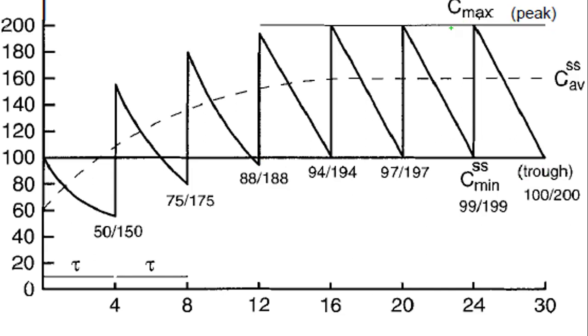This is the peak level, and you can see the lowest levels for that drug are equal here, but here they are not equal. Here it's almost equal. Why is it so? It is because here the drug is accumulating.